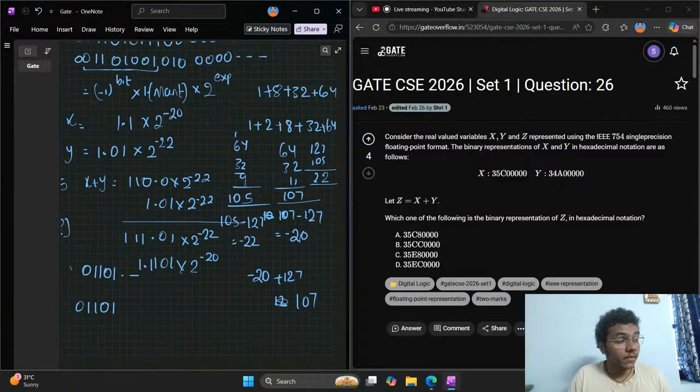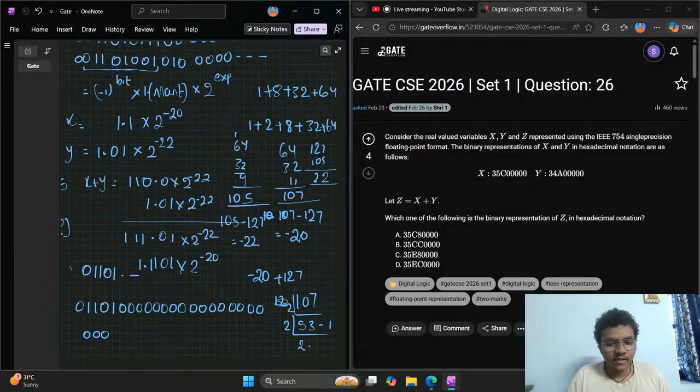How many bits of mantissa do we have? We have 23 bits of mantissa. So this is 4, 5, 6, 7, 8, 9, 10, 11, 12, 13, 14, 15, 16, 17, 18, 19, 20, 21, 22, 23, and 107 can be represented as, if you do the division, 53, 1 and 2, that is 26. Yeah, 26 and 1.